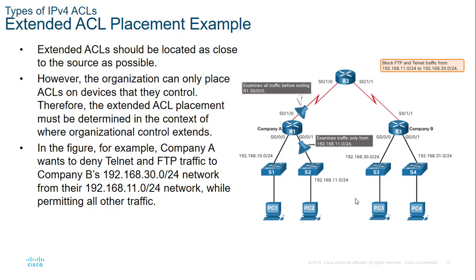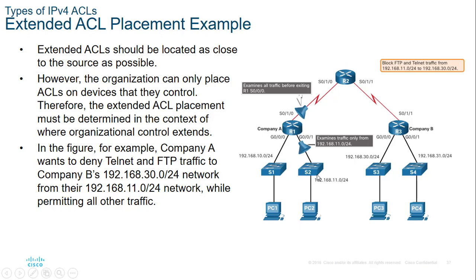So in this figure, Company A wants to deny Telnet and FTP to Company B's 30 network. So here's my 30 network, and I want to deny all Telnet traffic and FTP traffic to here. And it's from the 11 network here, while permitting everything else.